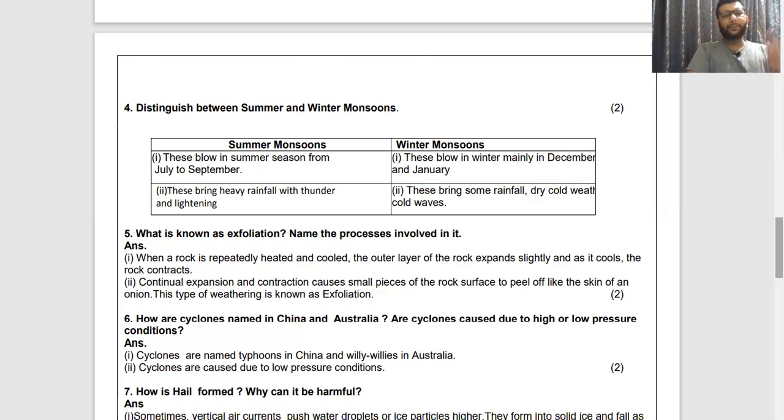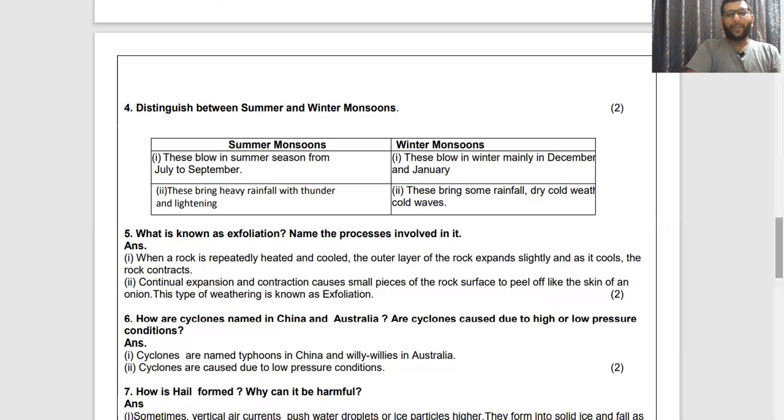Second, summer monsoons bring heavy rainfall with thunder and lightning, but winter monsoons bring only some rainfall. Usually they experience dry, cold weather, and cold waves of temperature are experienced. But again, remember, low rainfall. That's the main difference between summer and winter monsoons, right?